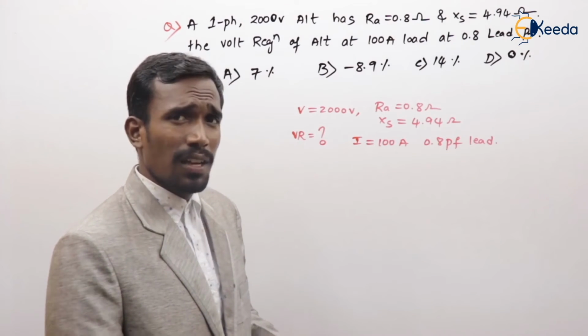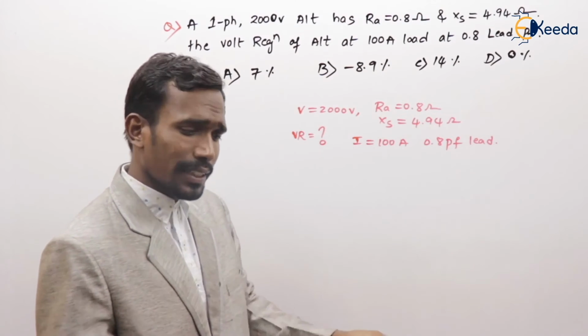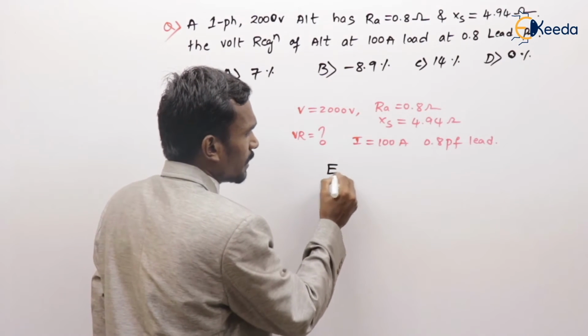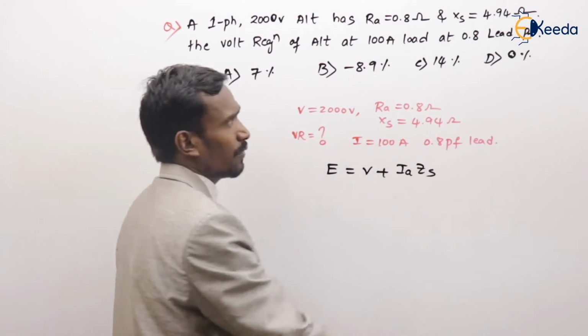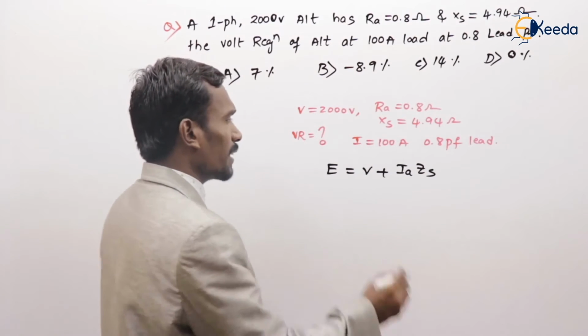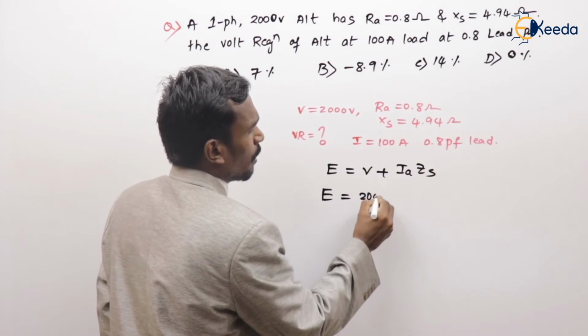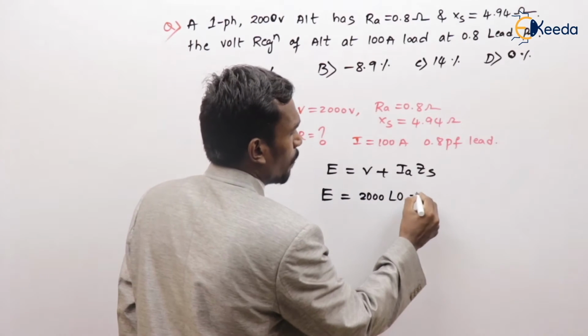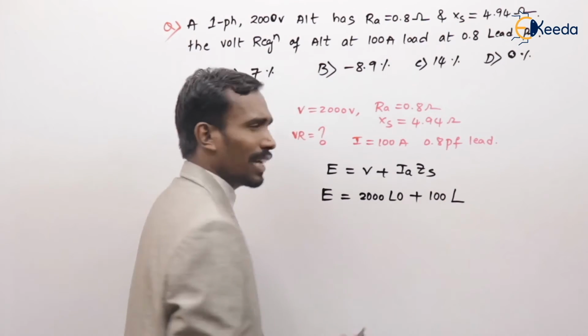For this, we first have to calculate the EMF. Generally, E is equal to V plus Ia Zs. So E is equal to 2000 at an angle 0 plus 100 at an angle.